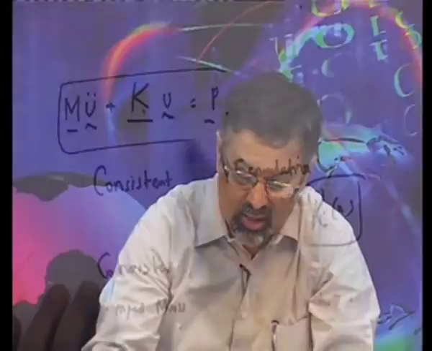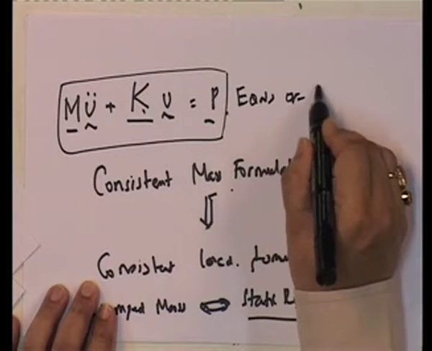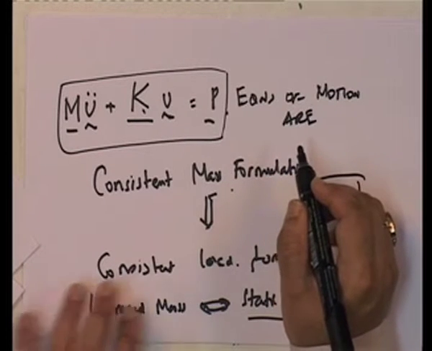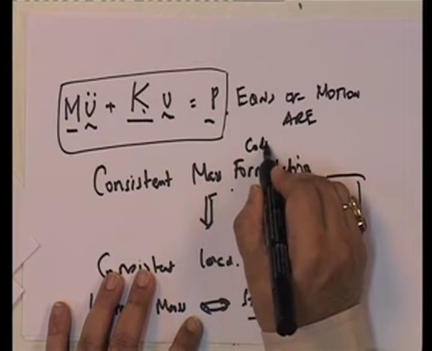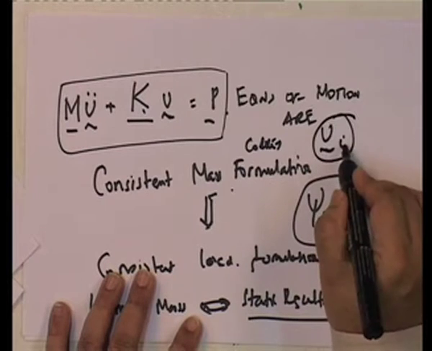Okay? So, that in essence is the procedure to develop the property matrices corresponding to any set of degrees of freedom. And again I want to establish that the equations of motion are corresponding to a set of degrees of freedom.